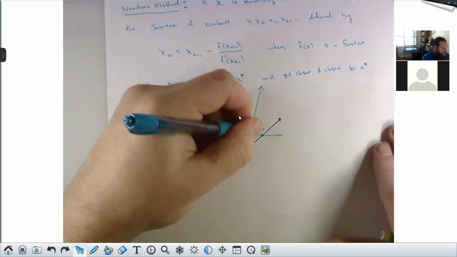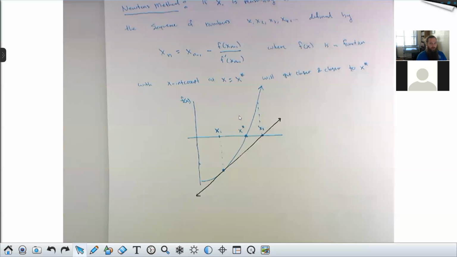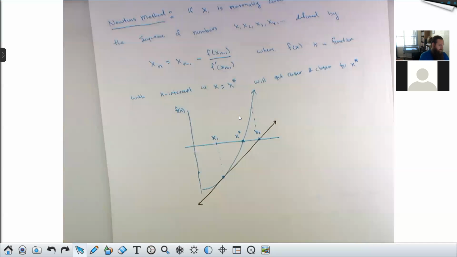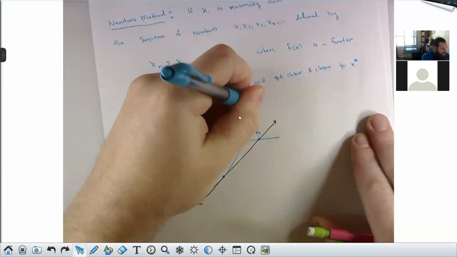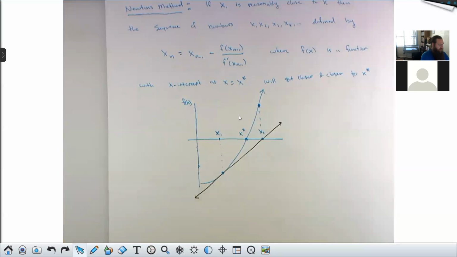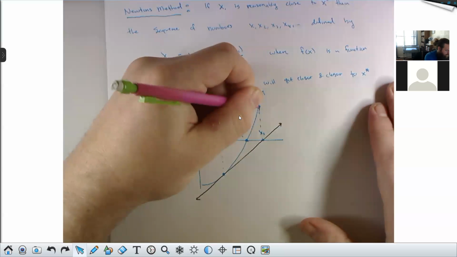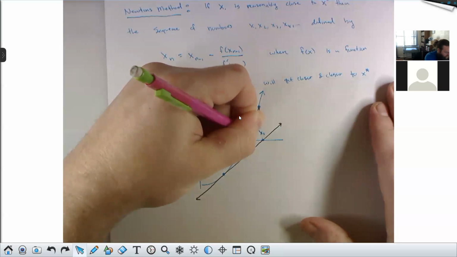And at that next guess, I construct the tangent line to my function. And I use its x-intercept as my next guess. Hard time drawing these tangent lines together.